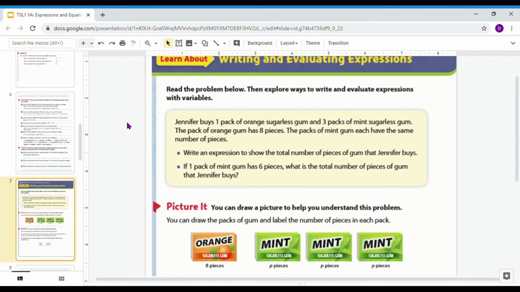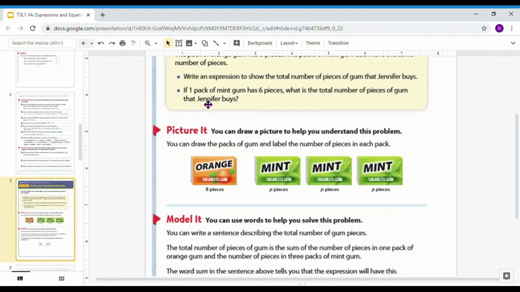Jennifer buys 1 pack of orange sugarless gum and 3 packs of mint sugarless gum. The pack of orange gum has 8 pieces. The packs of mint gum each have the same number of pieces. So the first thing we're going to do is write the expression that shows the number of pieces of gum she buys altogether. And then we're going to figure out, if each one of those packs of mint gum has 6 pieces, how much gum does she have altogether?